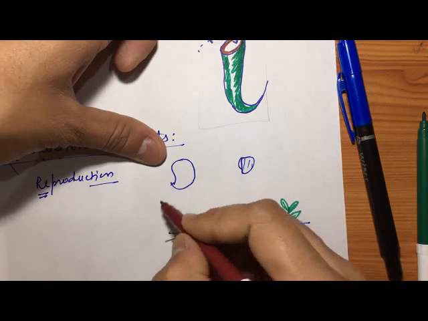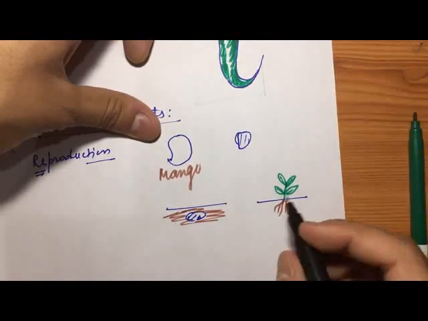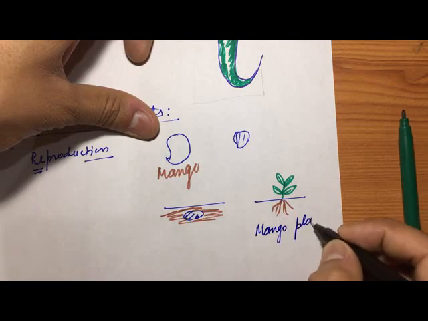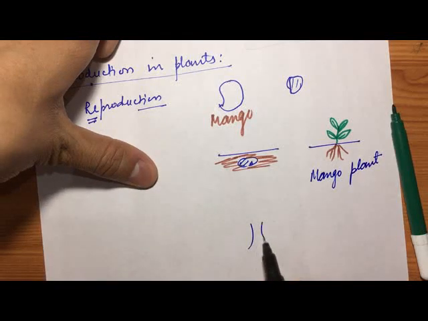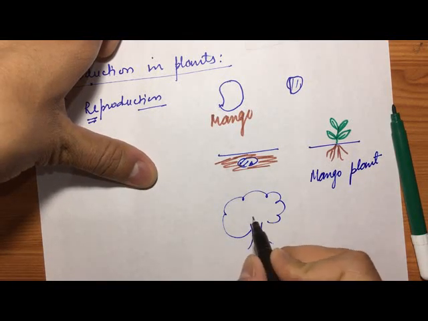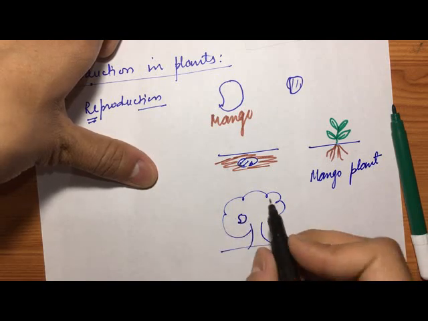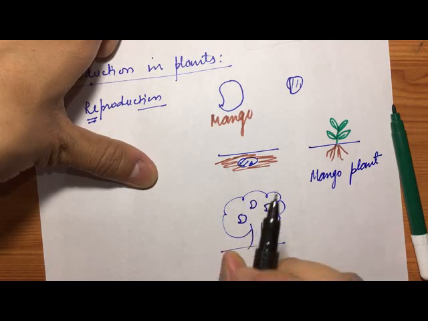and if this is mango, then this plant is also a mango plant. When it grows, it will become a very big tree, and from it I can get another mango. Okay, we can get more mangoes.